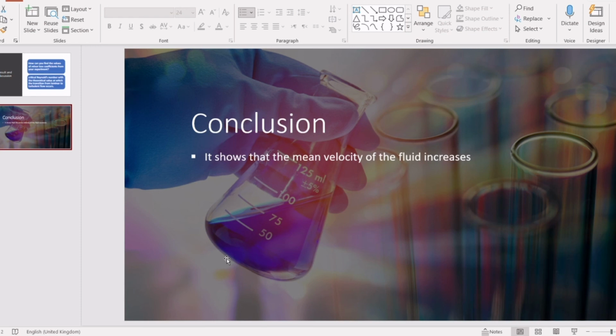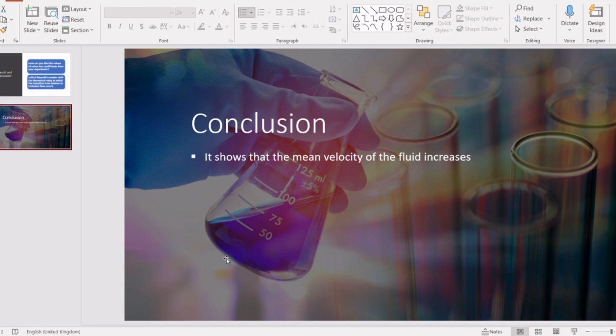It shows that as the mean velocity of the fluid increased, the head loss increased. Moreover, the value of the mass flow increased. It's noticed that the value of the head loss increased as the Reynolds number increased. This is due to the Reynolds number relying on the mean velocity of the flowing fluid.